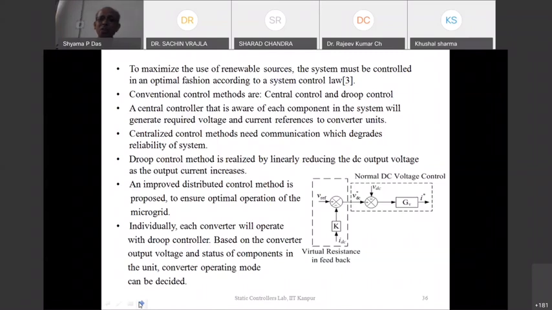So the value of K will be different for different sources depending upon the power rating available for that particular source. So when they are operated in parallel, although we have connected three different voltage sources, each voltage source will be supplying power proportional to its rating. That is achieved by a decentralized controller, and that is done by the droop controller. Next slide, please.